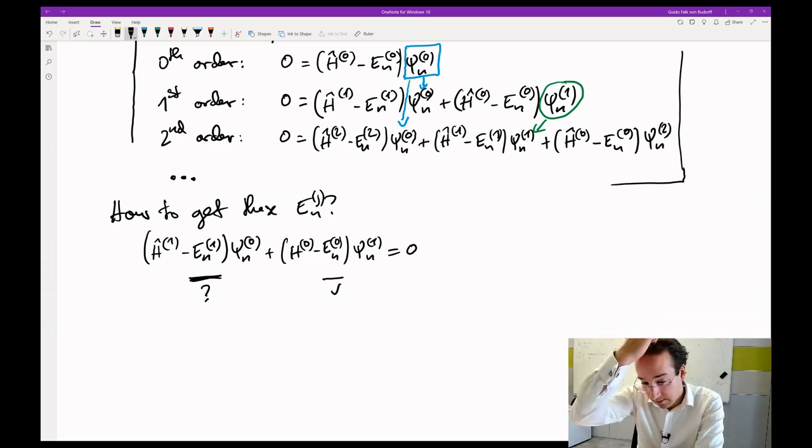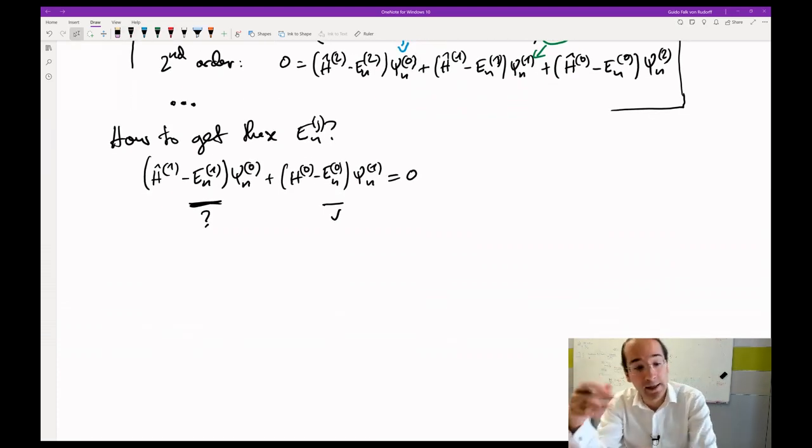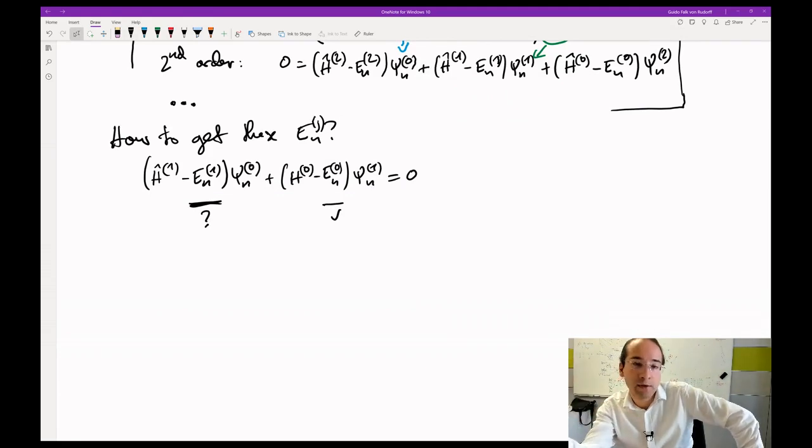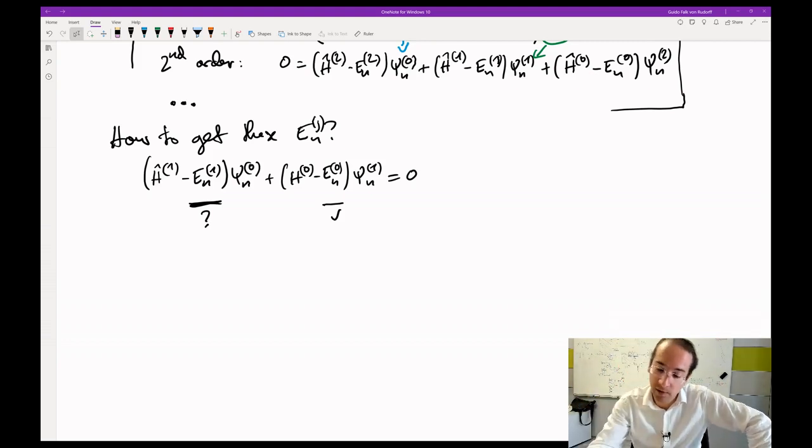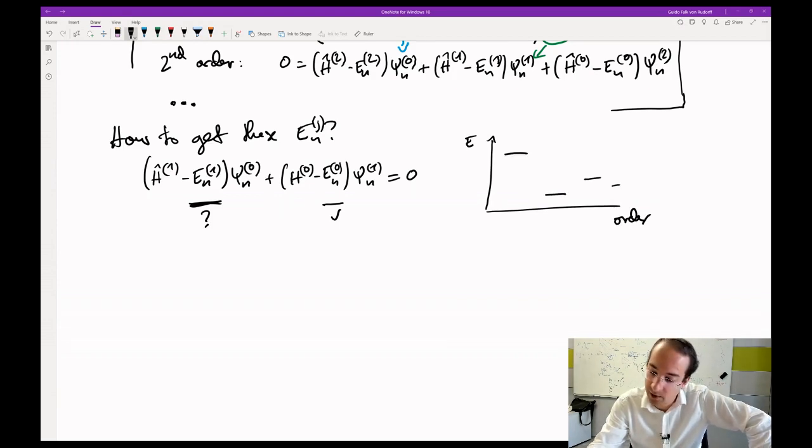Now, this would be nice because this tells us how the energy changes as you go to the next order. You maybe remember this plot that I showed initially, where we had the energy, and now the next order then gets increasingly more accurate.